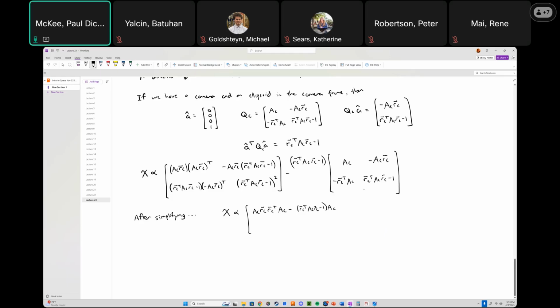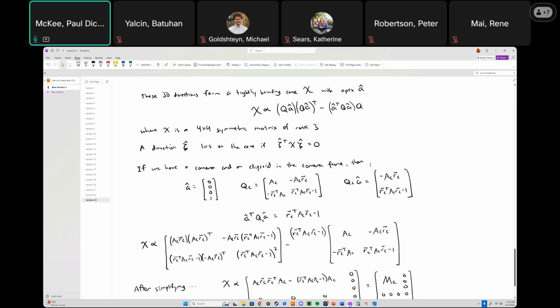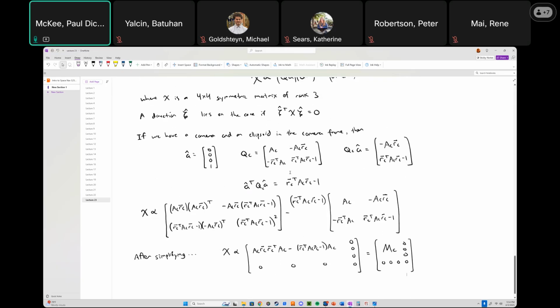So all of this is going to be a 3 by 3. And then it's just zeros everywhere else to create our 4 by 4, where we will define this top left bit as just M_C, and zeros elsewhere. That is our matrix. Okay, so chi is our 4 by 4 matrix of rank 3, which describes this equation of the tightly bounding cone, which allows us to say that zeta transpose chi zeta equals 0.